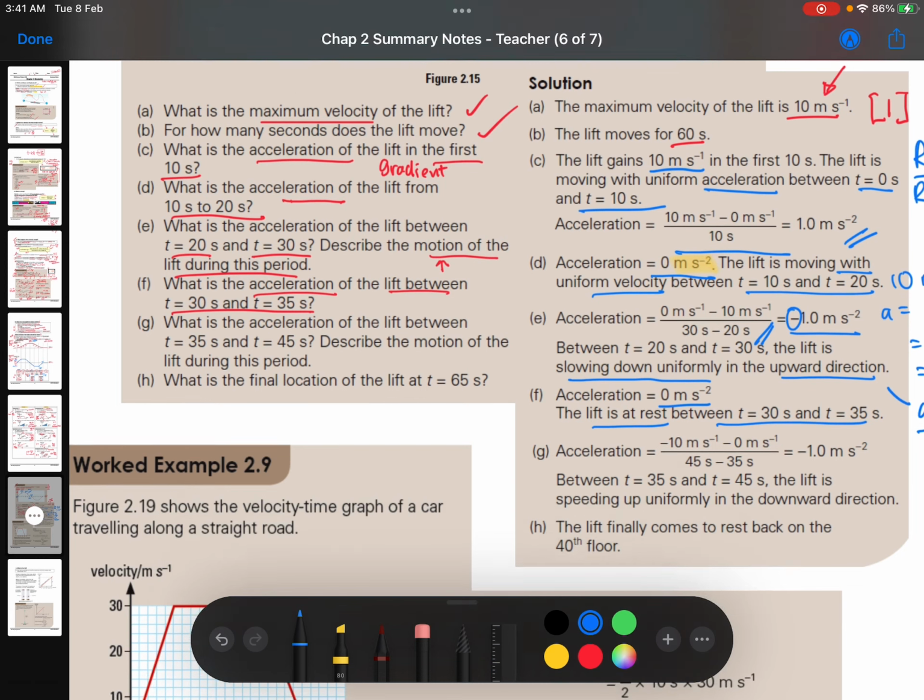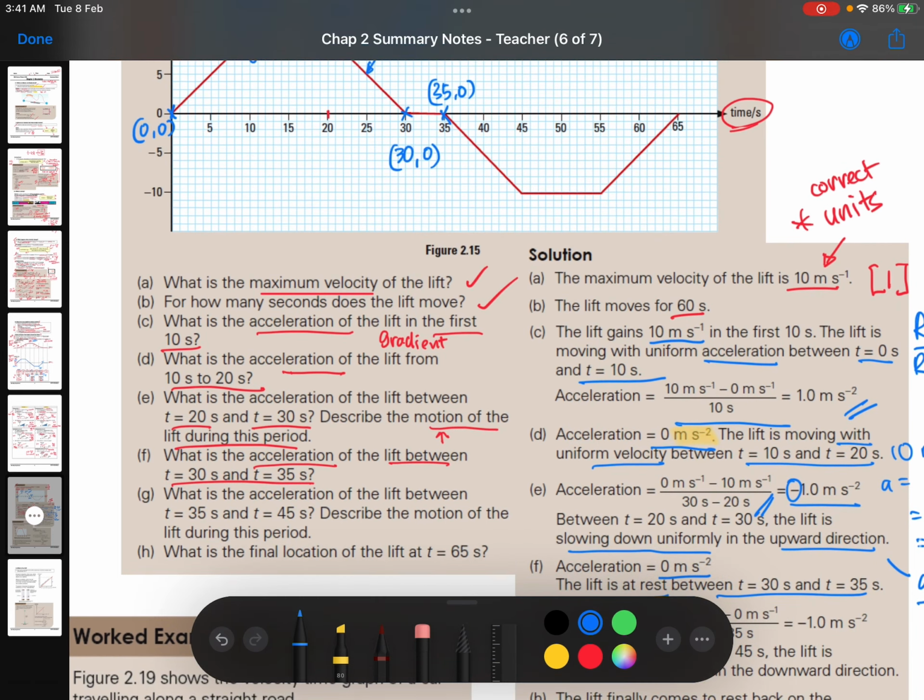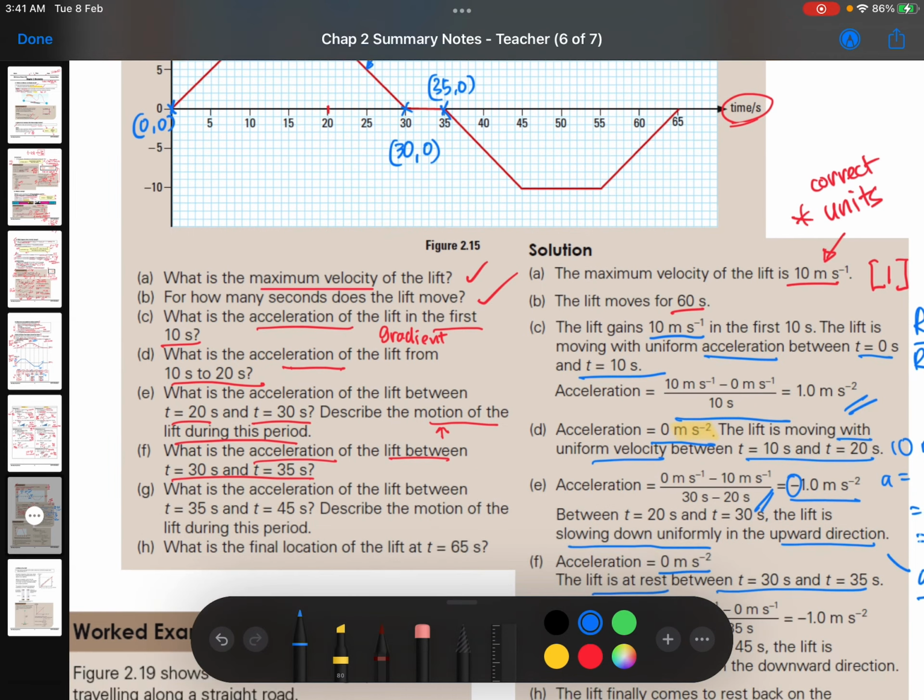Okay, now G. What is the acceleration of the lift between 35 to 45 seconds? Okay, 35 to 45 seconds refers to here. Now in this context, this point is 45, minus 10. Because we are talking about acceleration now, we are looking at gradient once more. The gradient will therefore be the rise over run.